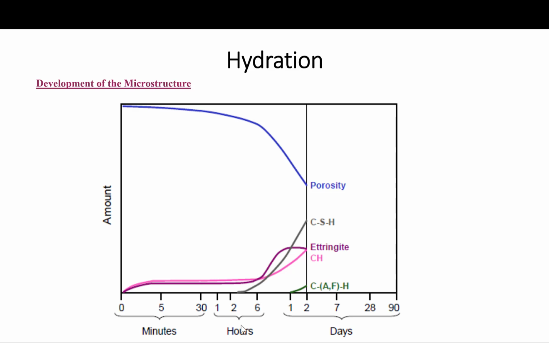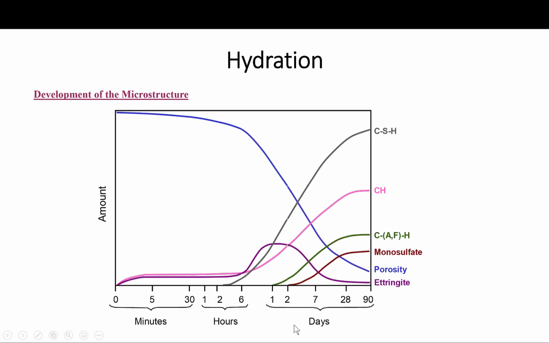And again, as time goes on, we'll see the porosity goes down and we have more hydration products. The calcium silicate hydrate increases, ettringite increased here, calcium hydroxide as well. And we see here other hydration products, the calcium aluminate ferrite hydrate or variations thereof start to appear.